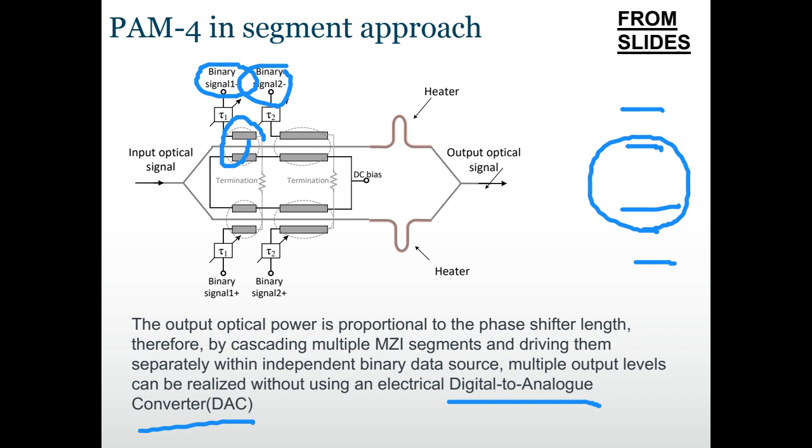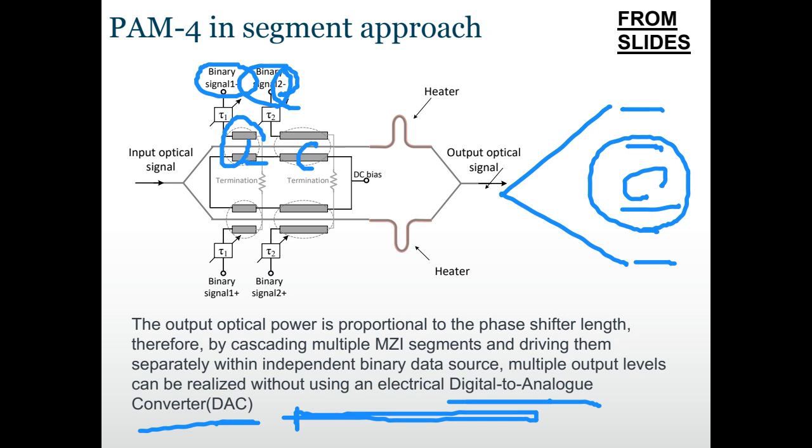So we use a shorter transmission line for the first bit, and then longer transmission line for the second bit. In this way, we avoid digital to analog converter for using a single transmission line for multiple amplitude.